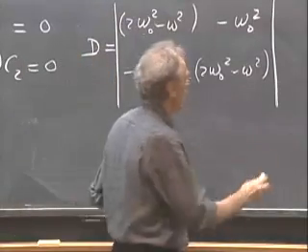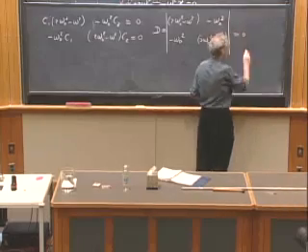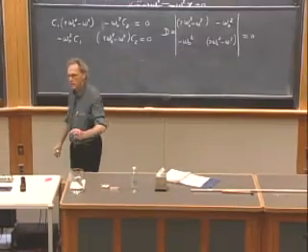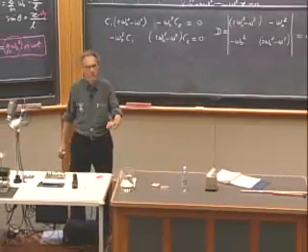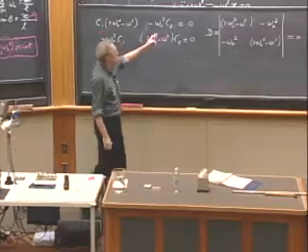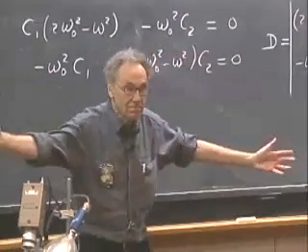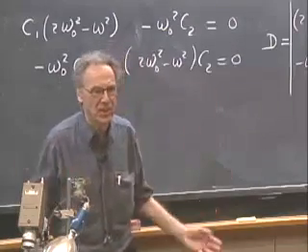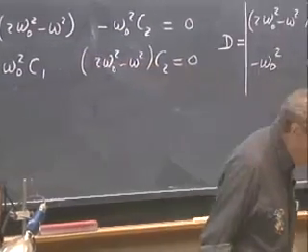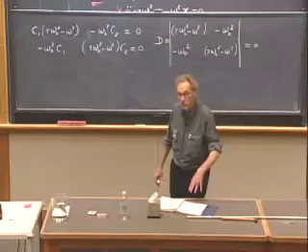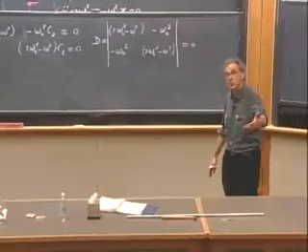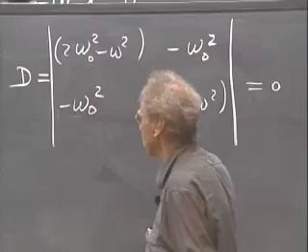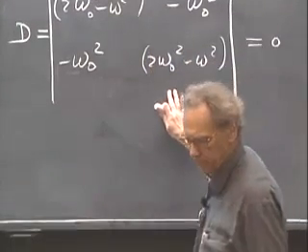And this now must be 0 if I am looking for solutions which are not c1 is 0 and c2 is 0. It's clear that if c1 and c2 are 0, your equations are satisfied. 0 is 0, but that's not an interesting case. And the only way that you can get a solution which is interesting, with values for c1 and c2 which are not 0, is by making this determinant 0.